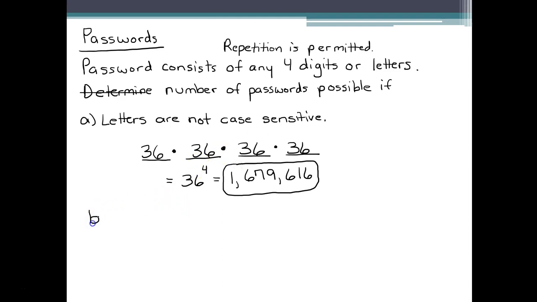Okay, what about option B? Letters are case sensitive. In that case, uppercase and lowercase letters are considered differently. So your lowercase letters, there's 26 of those. Uppercase letters, there's 26 of those. Plus you have your 10 digits, 0 through 9. So now, 26 lowercase plus 26 uppercase is 52, plus your 10 digits gives you 62.